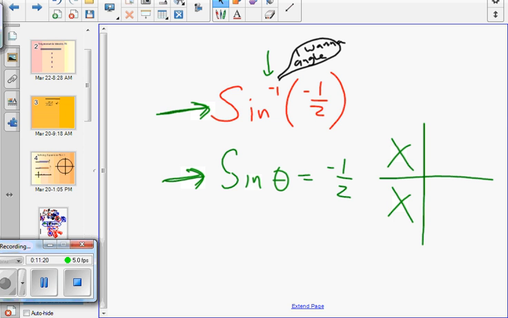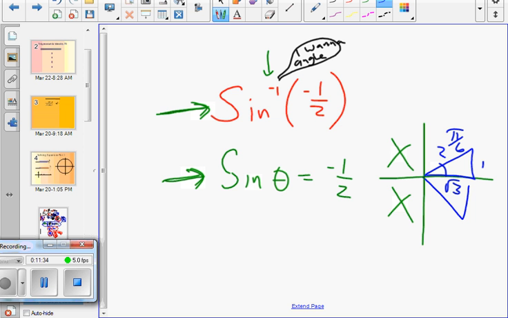You should have drawn a triangle here and said opposite is 1, hypotenuse is 2, this is square root of 3. That makes that a 30-degree angle, also known as pi/6. Sounding familiar? Okay. So, would there be another answer down here? Would there or not? All right. There's one of these two that works and one of these two that doesn't.